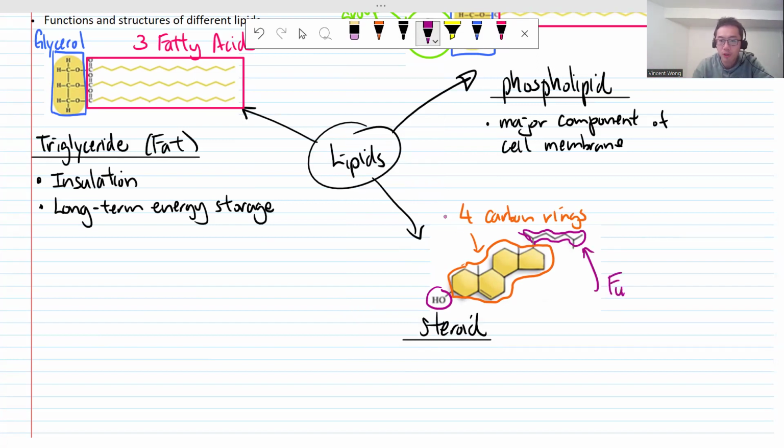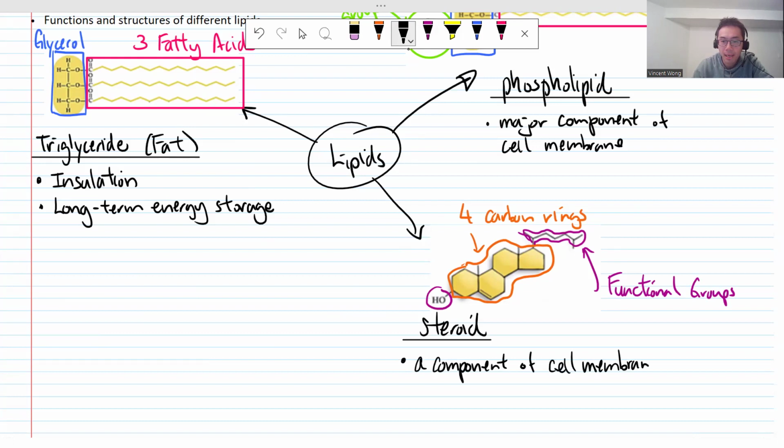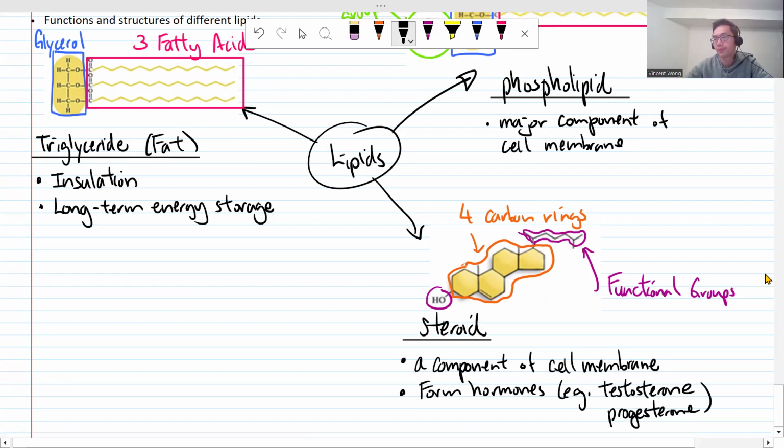Collectively, we call these functional groups. And what do we need steroid for? It is also a component of cell membrane. And we also need cholesterol to make hormones, such as the sex hormones, like testosterone and progesterone.